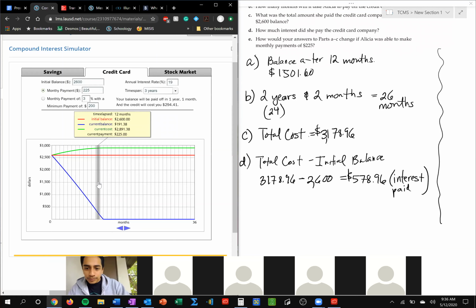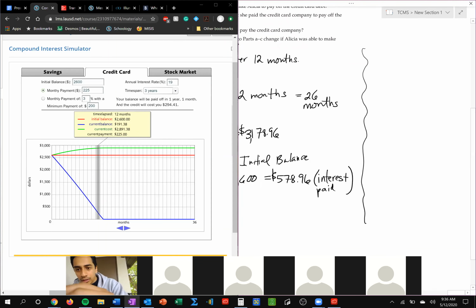Okay, so if we make the adjustment, now we have a $225 payment, not minimum payment, but this is the payment that she's making. Then we're going to see a big difference here, that the balance after 12 months is only $191 with 38 cents.